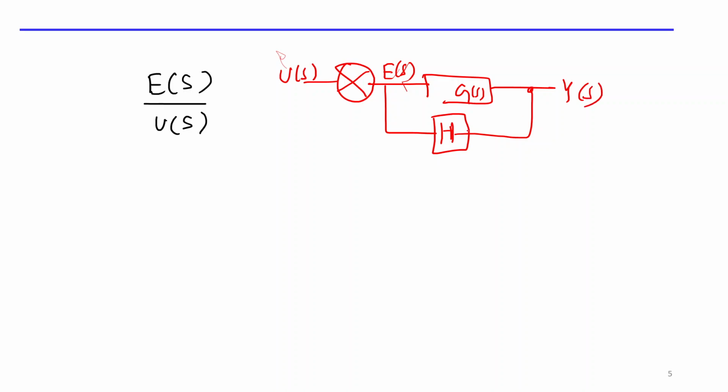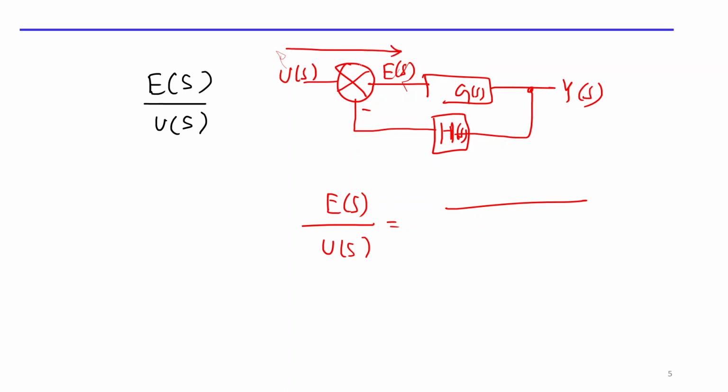Now tell me, what is E of s divided by U of s? This negative feedback is coming here. First tell me how many forward paths there are from U of s to E of s. Input is U of s, you want to reach E of s. There is only one forward path.